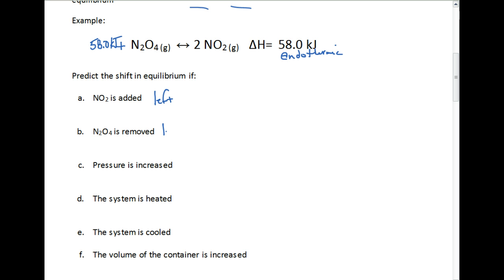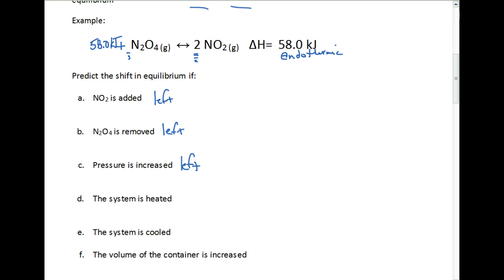So it's going to also be a left shift. If pressure is increased, remember, increases in pressure shift to the least number of gas moles. In this balanced equation, we have 2 gas moles as a product and 1 gas mole as a reactant. So increasing pressure is going to cause a left shift as well.